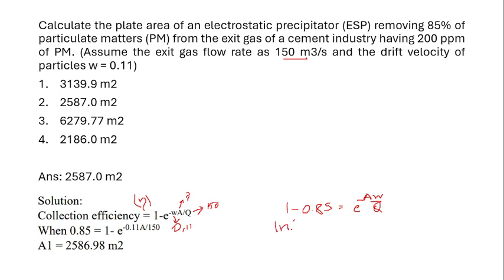So ln of 0.15 is equal to minus Aw by Q. Then you will arrive at the value of A. ln of 0.15 will have a negative sign, so negative negative will cancel. Then you will find A as 2586.98, so 2587 meter square is the right answer.